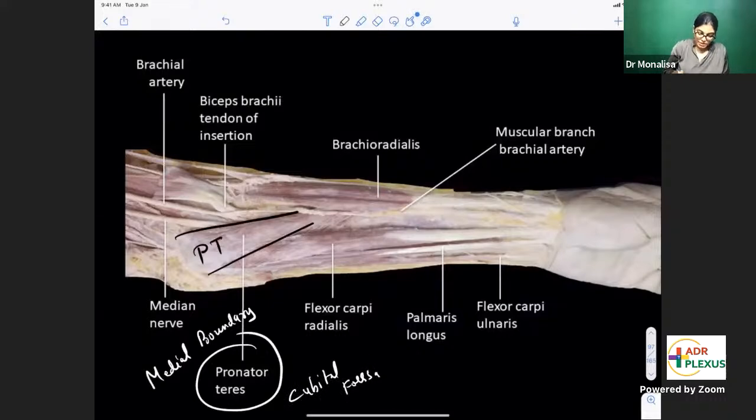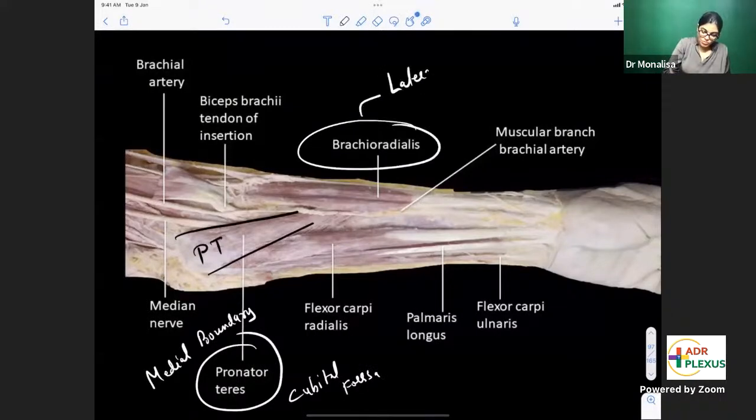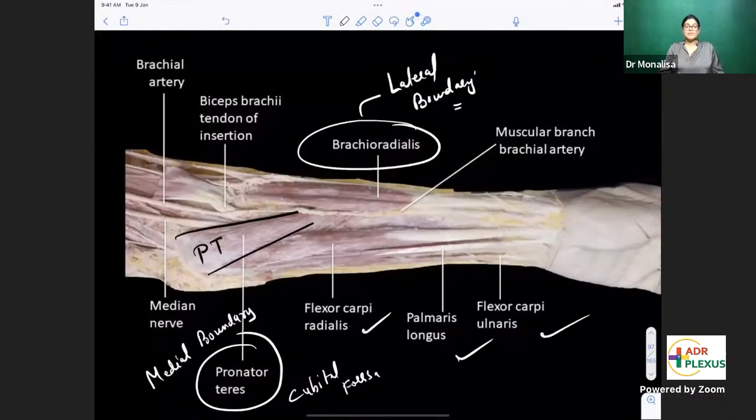The muscle shown here, brachioradialis, forms the lateral boundary of the cubital fossa. The other muscles are flexor carpi radialis, flexor carpi ulnaris, and palmaris longus. This is a cadaveric image highlighting the muscles of the superficial group of the forearm, flexor aspect. Also, you can see the median nerve.